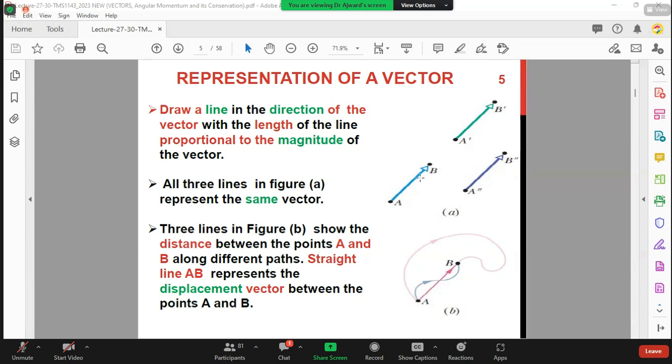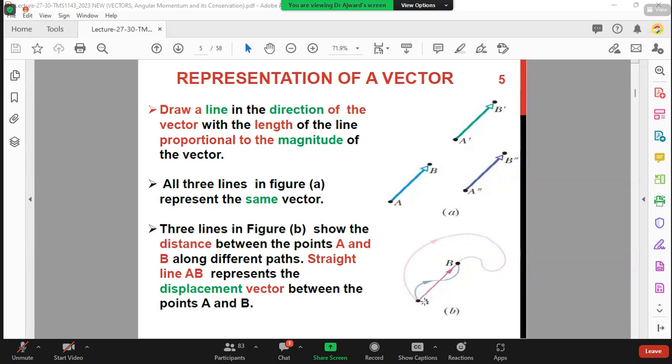So anyway, A to B is a vector. For example, the displacement vector, something going from A to B. If the initial point is A and the final point is B, this is the displacement vector, the straight line. Despite the path traveled, whether shorter or longer, the displacement is x2 minus x1.